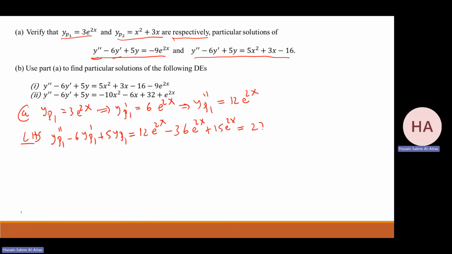That will be 27 minus 36e to x, which is minus 9e to x, which is the right-hand side. So this is correct.